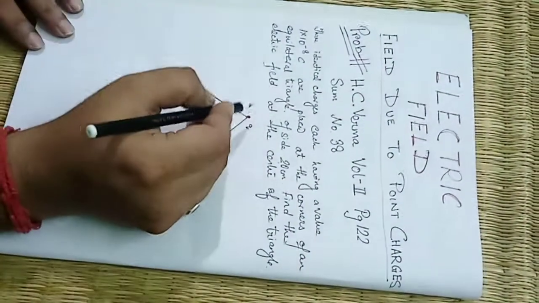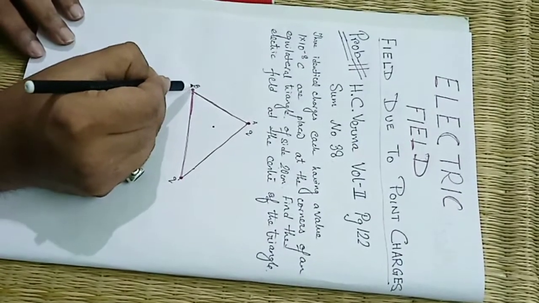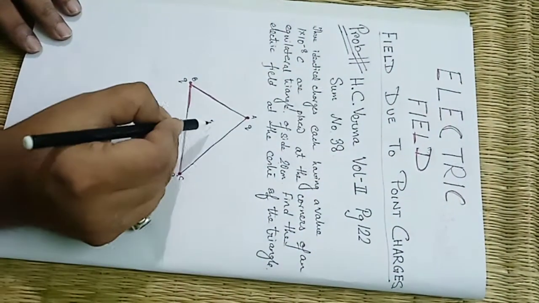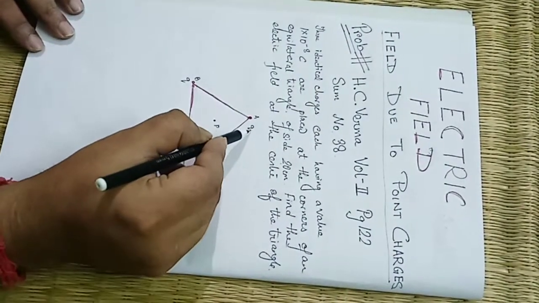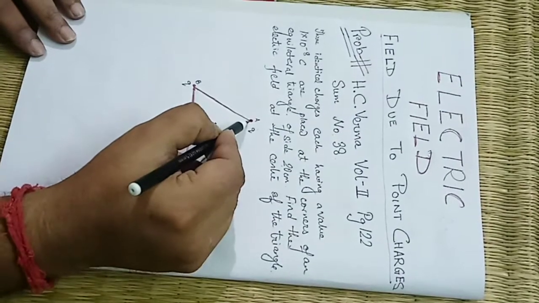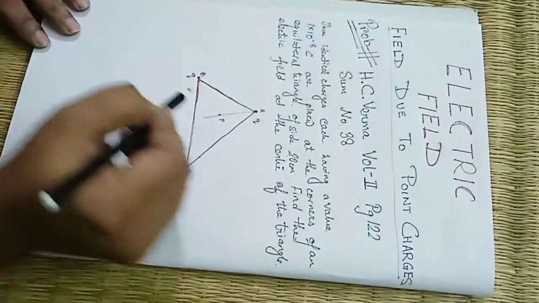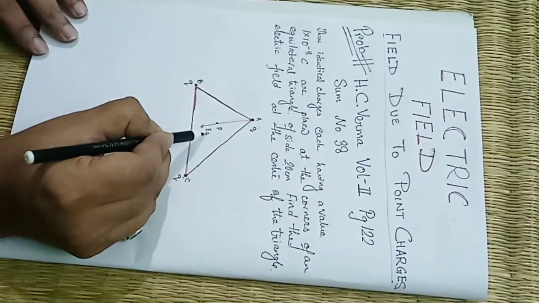So first let us name the triangle. Let the name be A, B, C and the center be P. So the field due to this charge at A at P will be like this. Suppose let it name as EA.